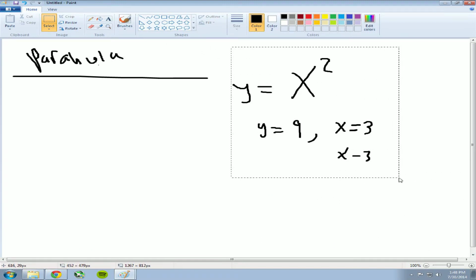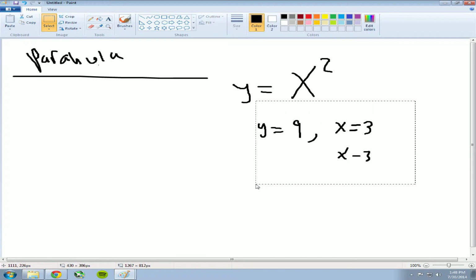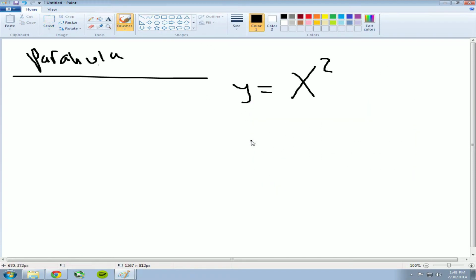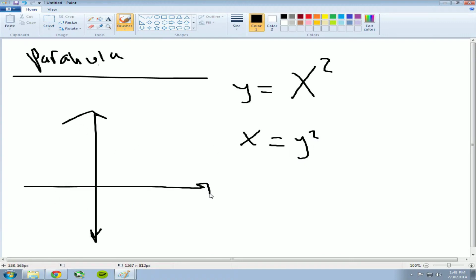Alright, so let's look at some other ones. If you have x equals y squared, this means that there are 2 y's for every x. So that means that for every x, there are 2 y's. So it might look something like this.